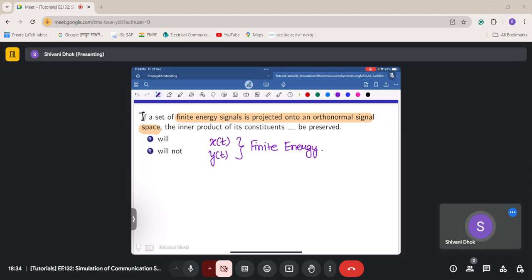So let's say psi_n(t) for n equal to 1 to capital N is the basis of orthonormal signals, or it is an orthonormal basis of the signal space.